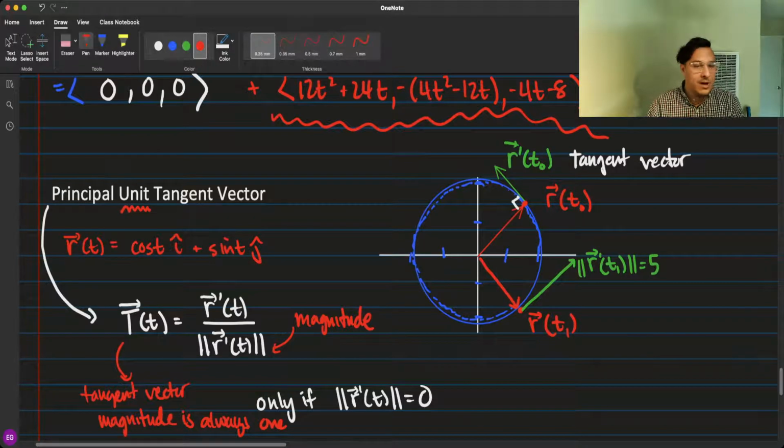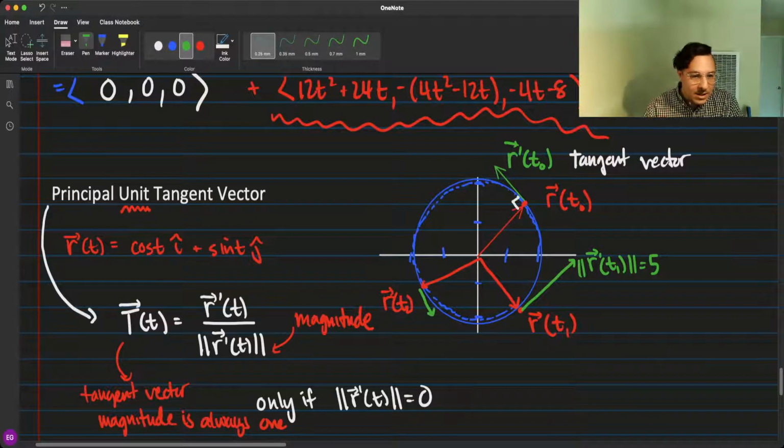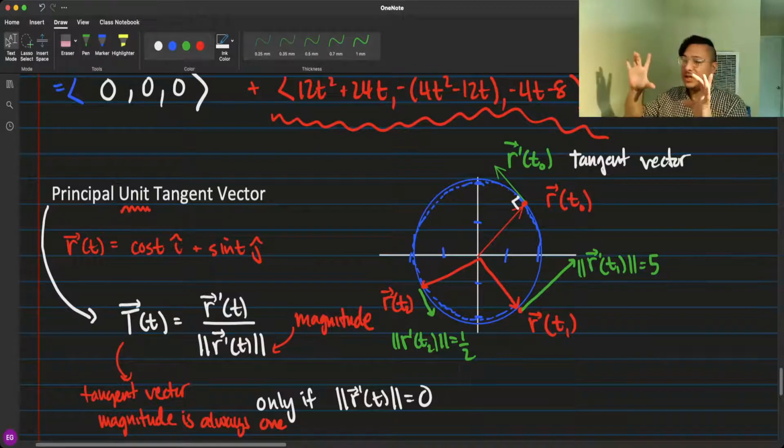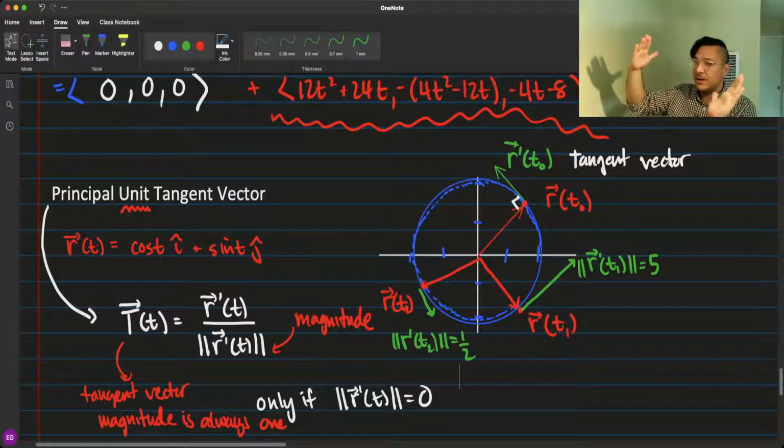And then maybe you draw a vector over here, r of t2, and its tangent vector has a really small magnitude, maybe half. So does it make sense that as you move around the curve, your tangent vector may have different magnitudes?